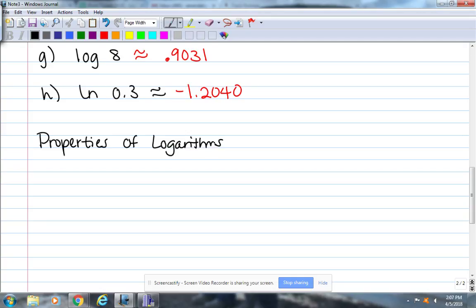All right, properties of logarithms. We can use logarithms to cancel out things with exponents. So if we take log of a base and then use that base to an x power, or whatever power, if I take the log of a base of that same base, those two cancel out and the answer is the exponent. So if the base and this number are the same, those cancel out and the answer is whatever is up here.